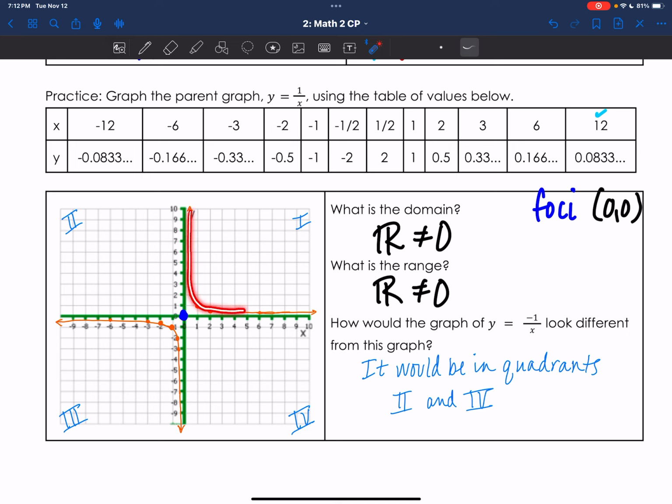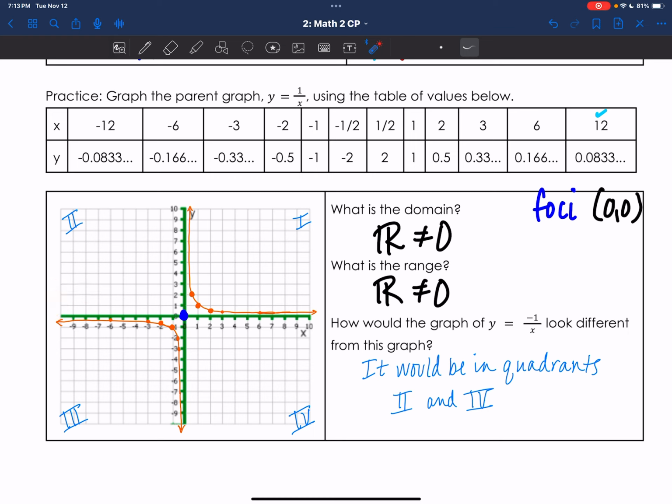And when you plot them, they're going to get very close to the axes, but not quite touch. So this is an asymptote here. This is your vertical asymptote, and that's x equals 0. And then here is your horizontal asymptote, and that's y equals 0.